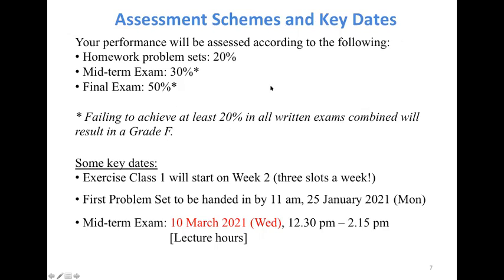Otherwise, even if you achieve full marks in the homework, if you fail to achieve 20% in the written exam, according to the criteria referencing, this is an automatic F. So be careful.